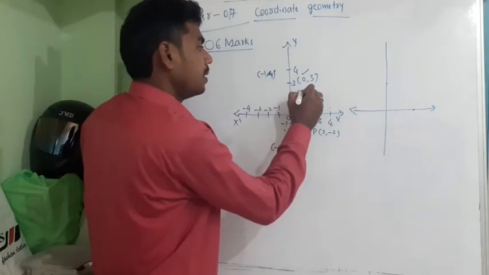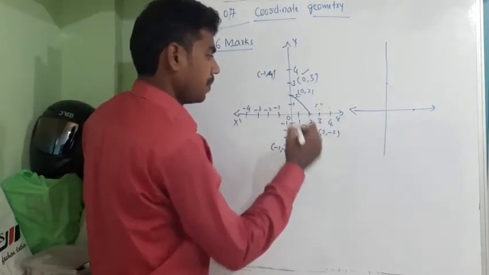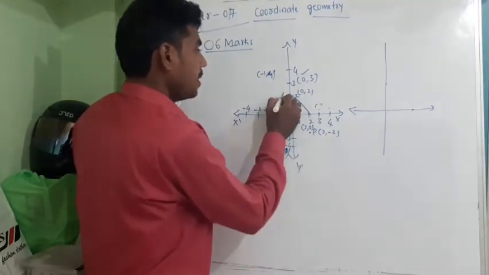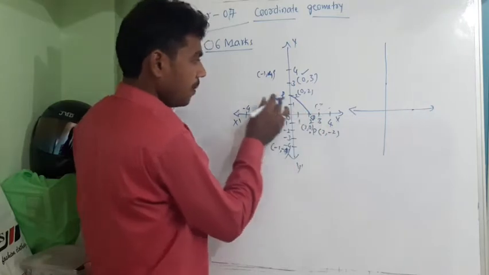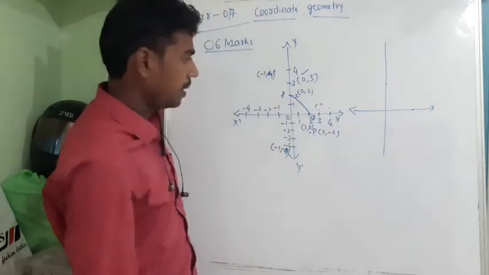This is 0 comma 2 and this is 2 comma 0. If I name it as P and this as Q, I want to find the distance between P and Q.